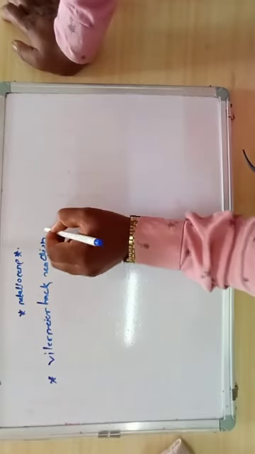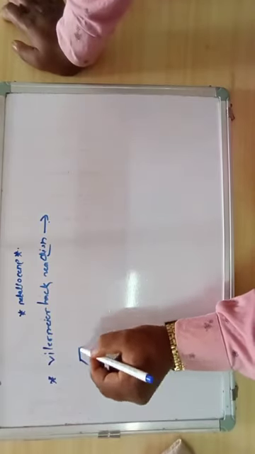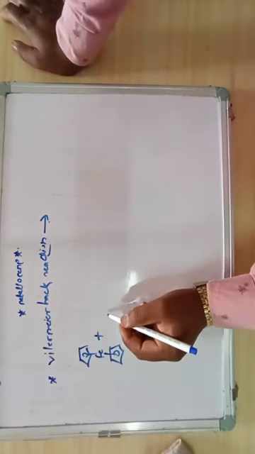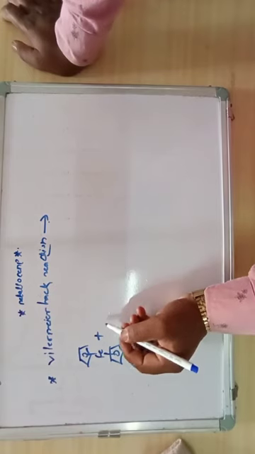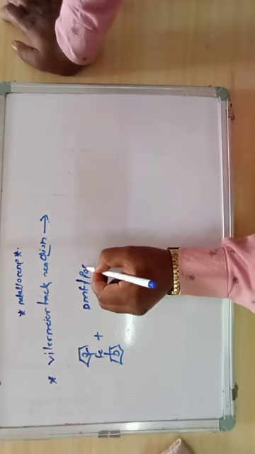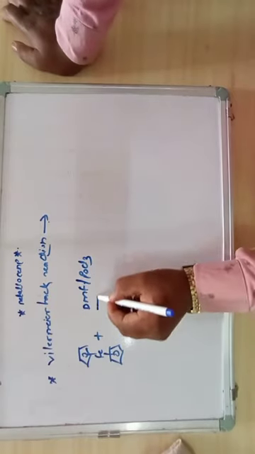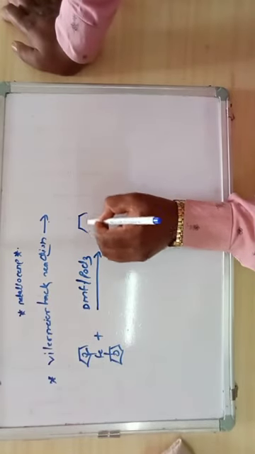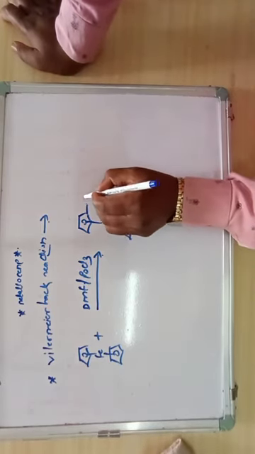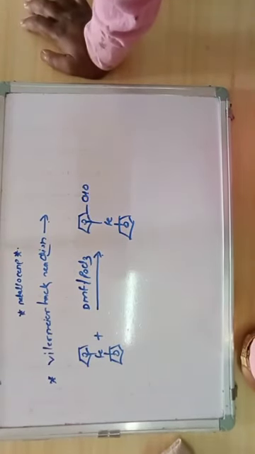So ferrocene in the presence of dimethylformamide and POCl3 gives the aldehydic ferrocene, Fc-CHO.